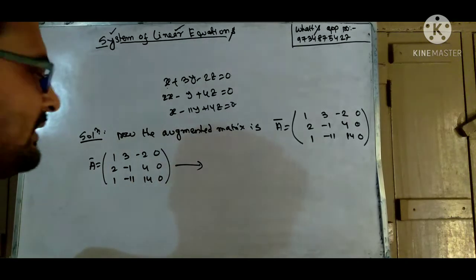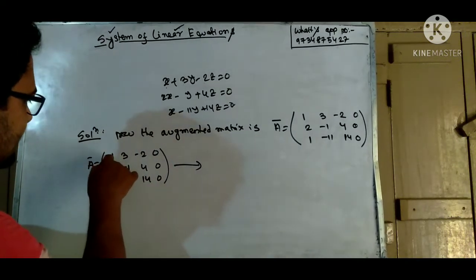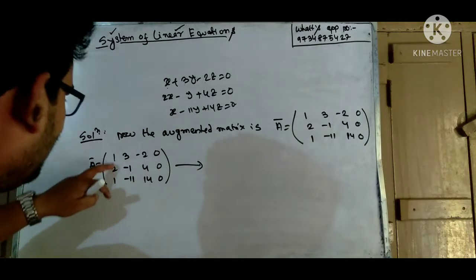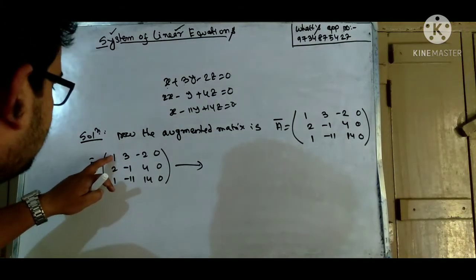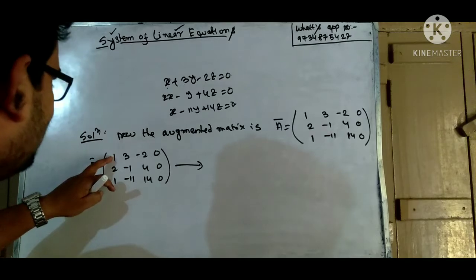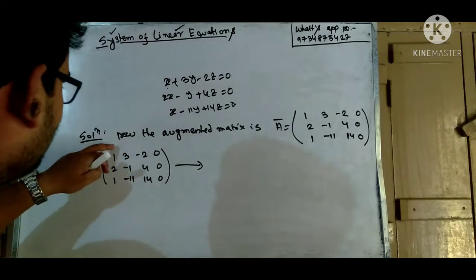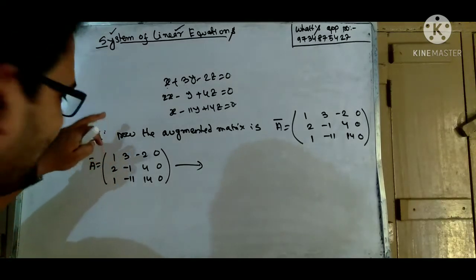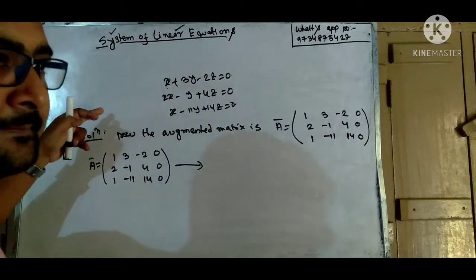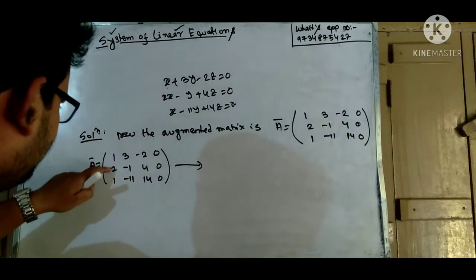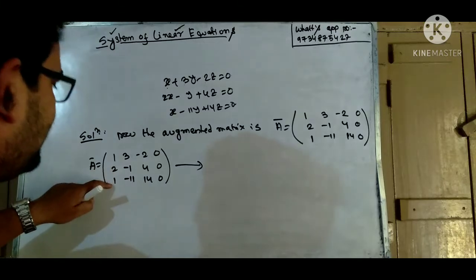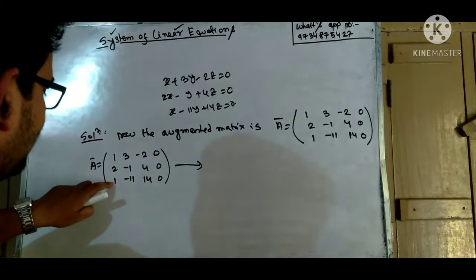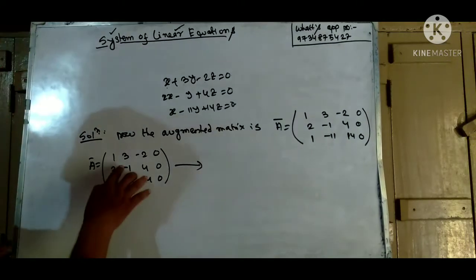Now the second step was, the elements below the leading one should be 0. Here no element is present above the leading one, so the elements below the leading one should be 0. That means this should be 0 and this should be 0. So, what will we do?